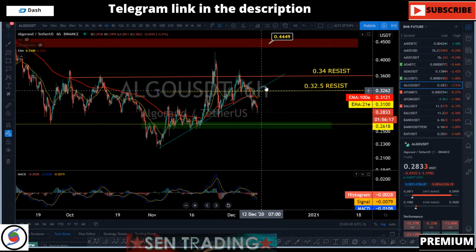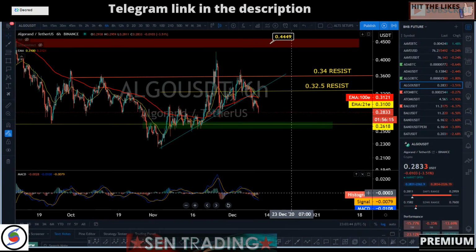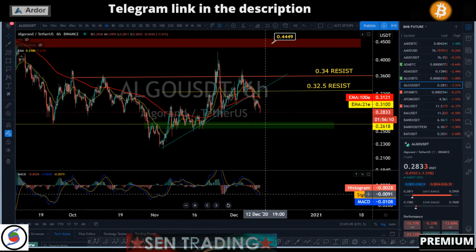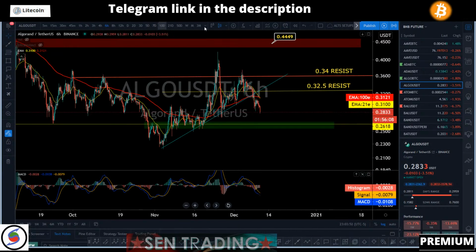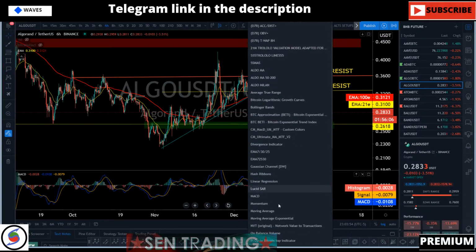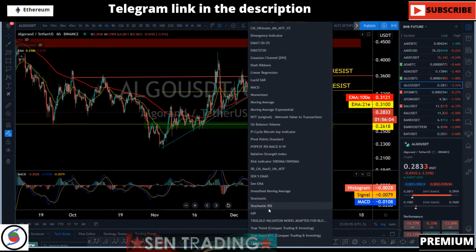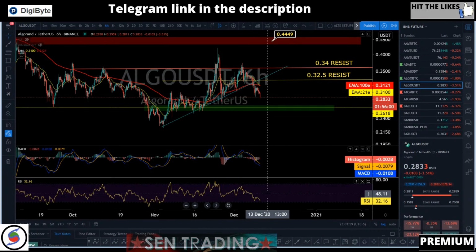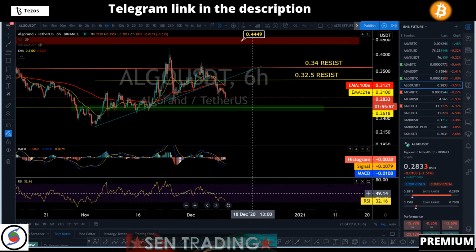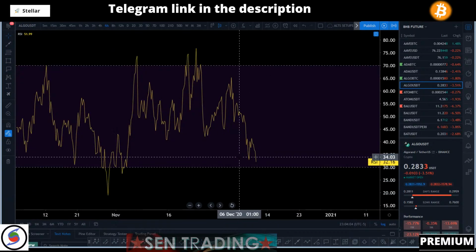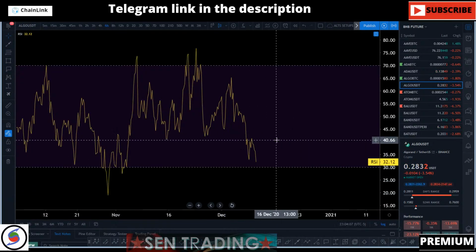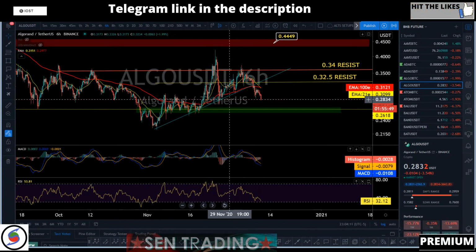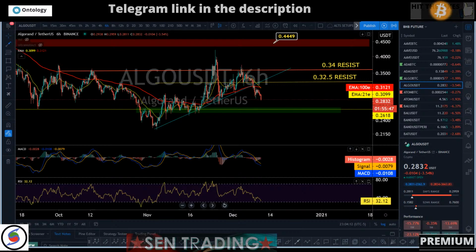The 6-hour is not giving us any bullish crossover on MACD, so you don't expect any bullishness on the hourly side, right? Let's just double check. So on the hourly side, no bullishness. Small one, okay, but you're losing it anyway. So it means you still have to wait.